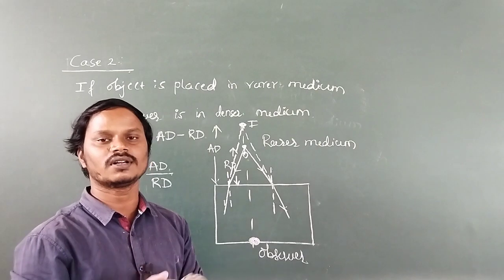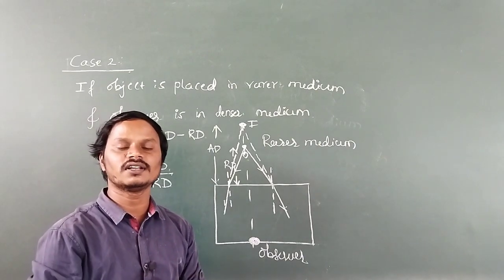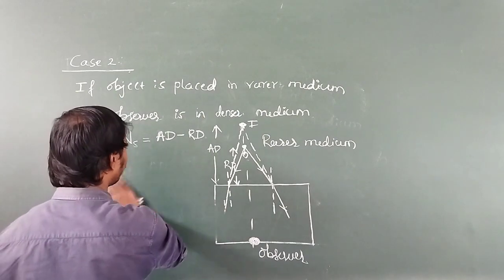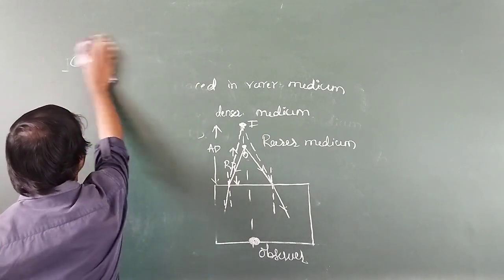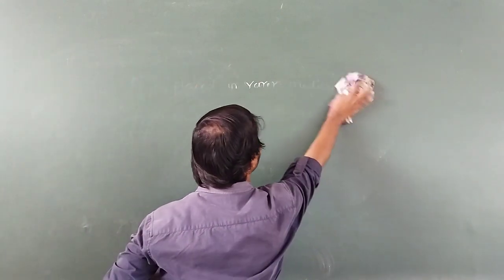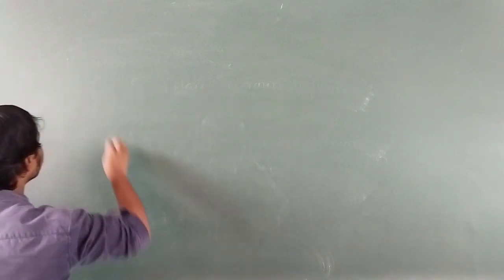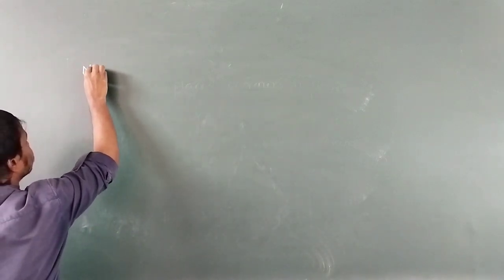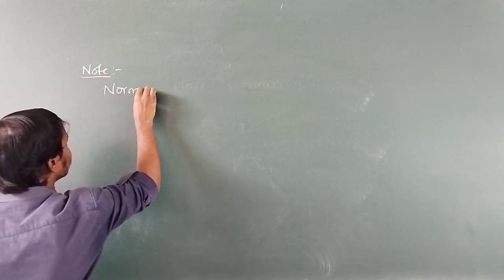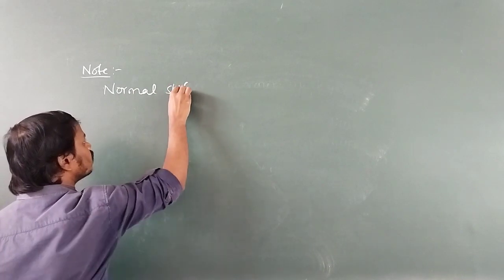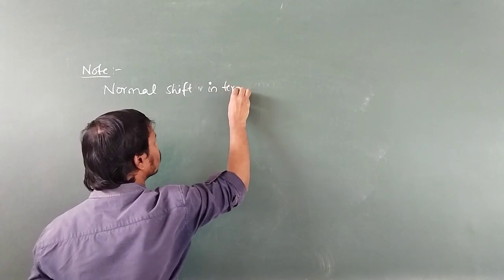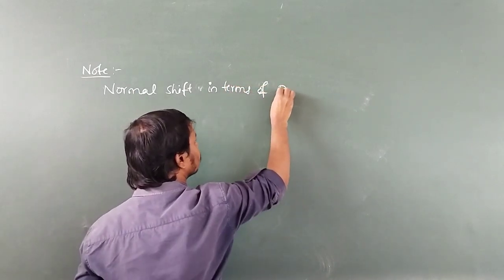So this is about normal shift. And what about the normal shift in terms of the refractive index of the medium? The refractive index of the denser medium. See here. Note: normal shift in terms of refractive index.